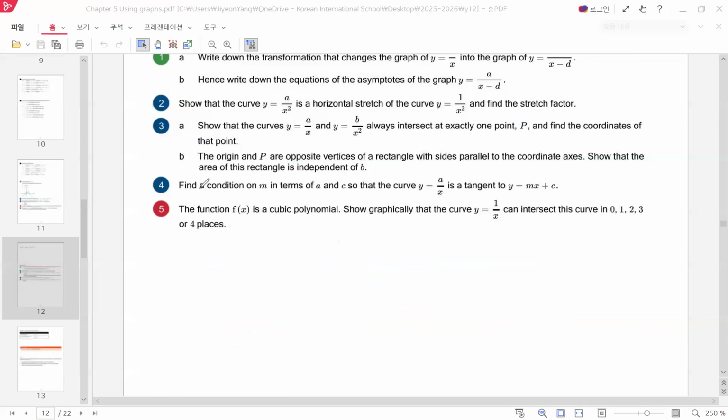Question number 4: find the condition on m in terms of a and c so that the curve y equals a over x is a tangent to y equals mx plus c. We need to find the condition on m in terms of a and c. Firstly, let's draw the graph of y equals a over x.